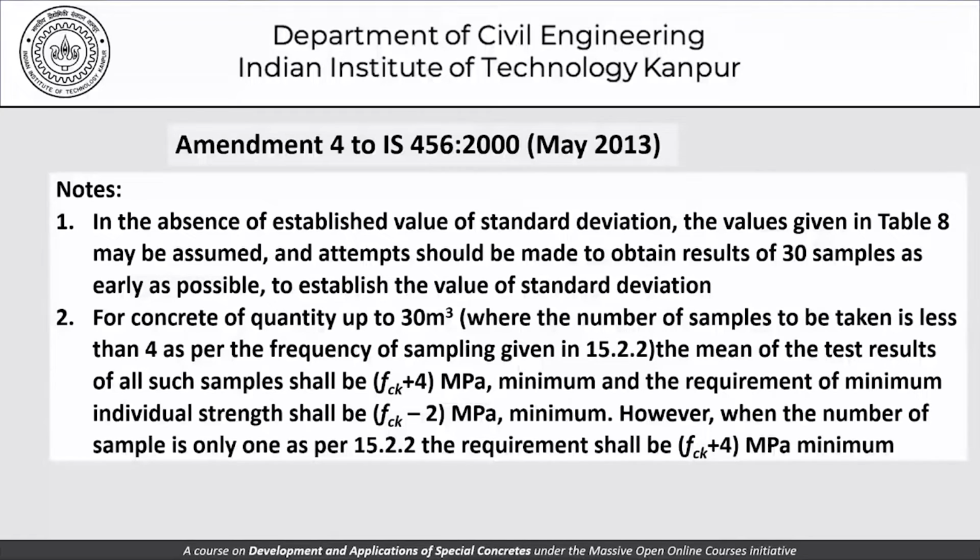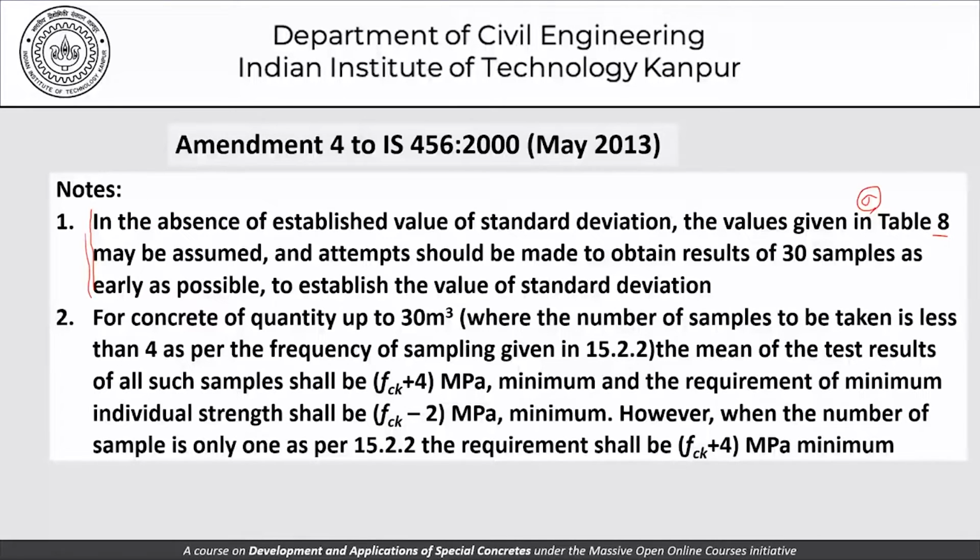Now, the spirit of this provision is that this Table 8 gives you assumed values of sigma to be used for calculating the target mean strength. In the absence of anything else, they can still be used. But the real standard deviation that you have in terms of quality control should be available to the designer, or actually to the quality control manager.